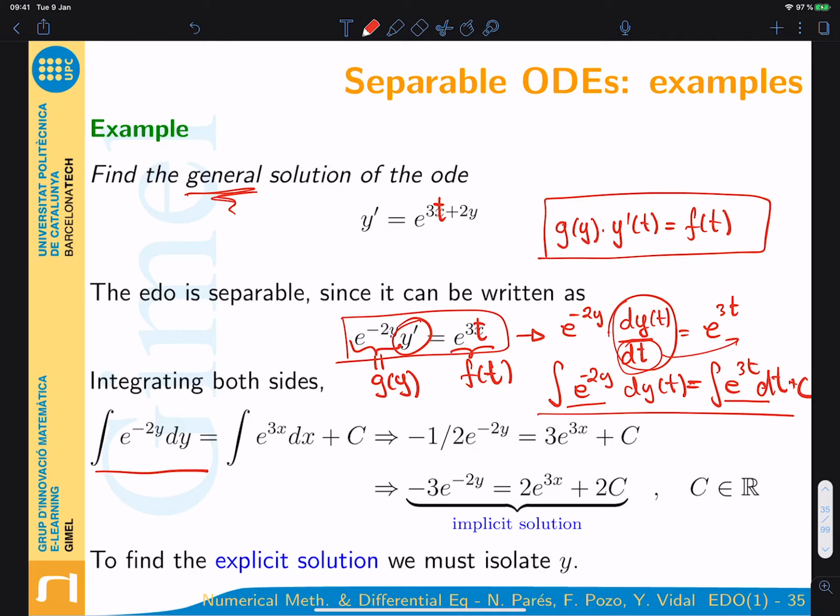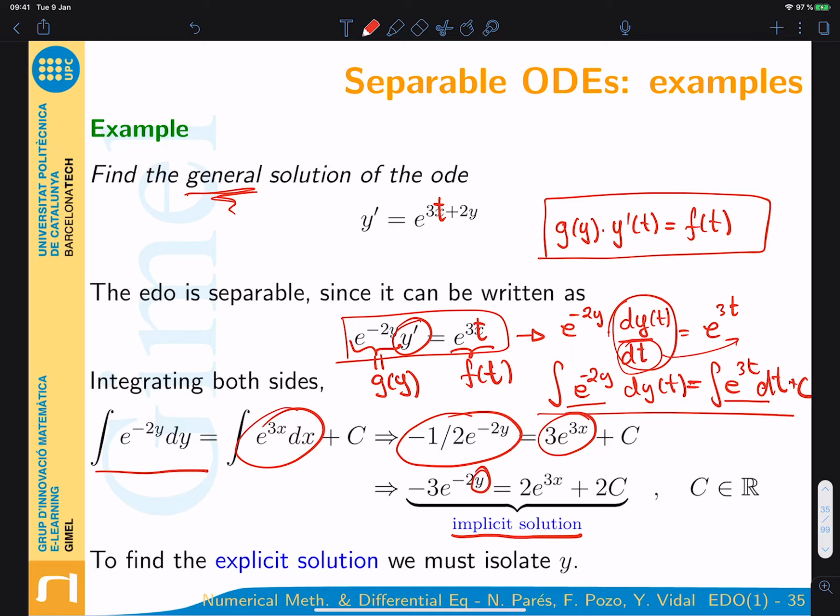We solve this integral, which is this value. We solve this integral, which is very easy, the exponential, and we get what we call the implicit solution. The implicit solution is when you have an equation where there are no derivatives. You can see here that y appears, but not y prime. So this is not a differential equation anymore. It is already solved.